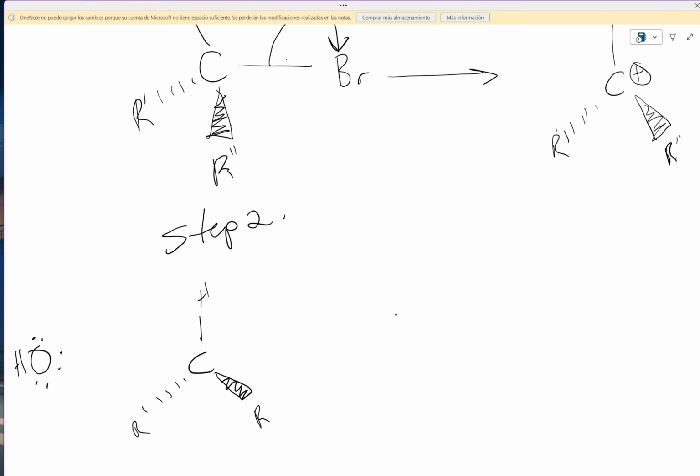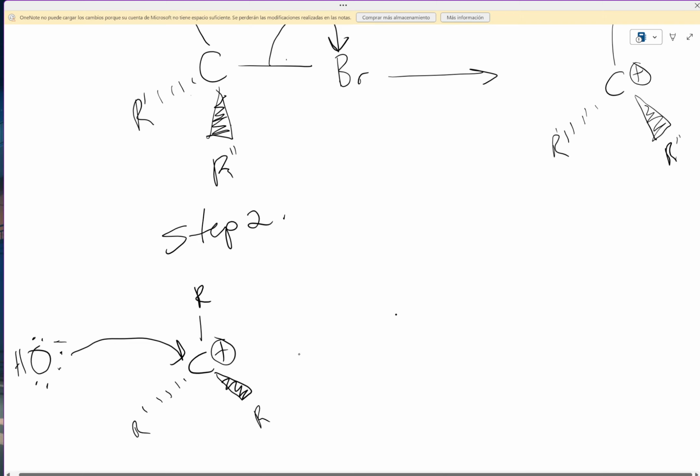It's going to be attacking in just a general direction. It won't attack from this direction specifically because of steric hindrance. It's going to be blocked. Let me fix that R group there. So we're going to have a backside attack, similar to what we looked at before, and we're going to have inversion of the molecule as well.